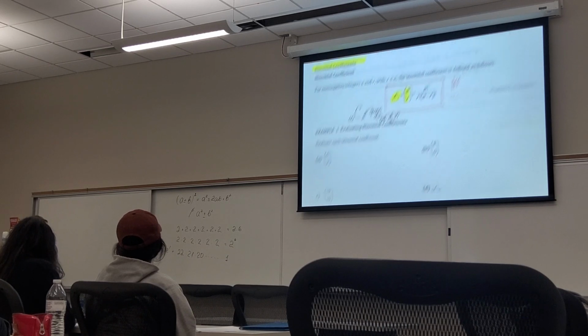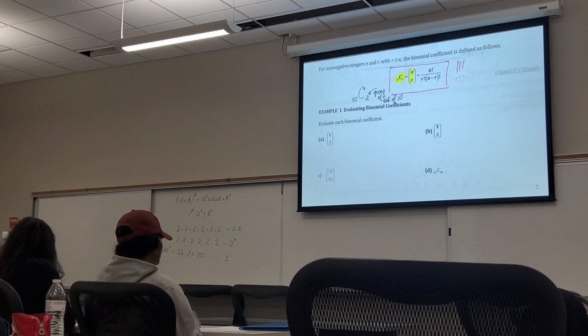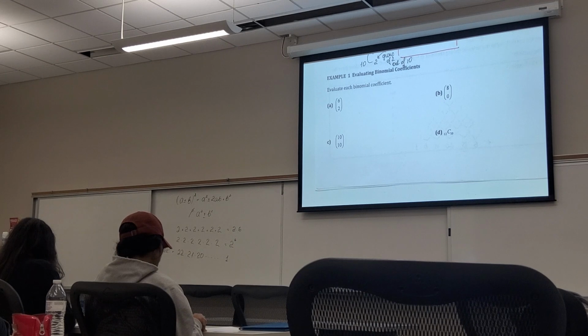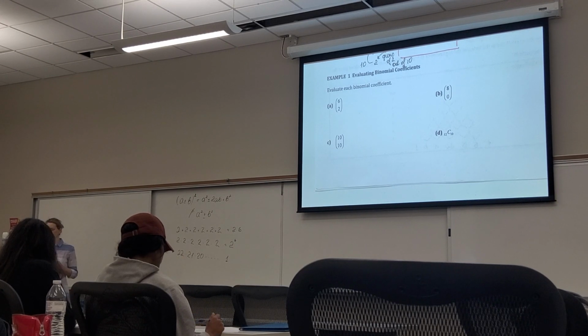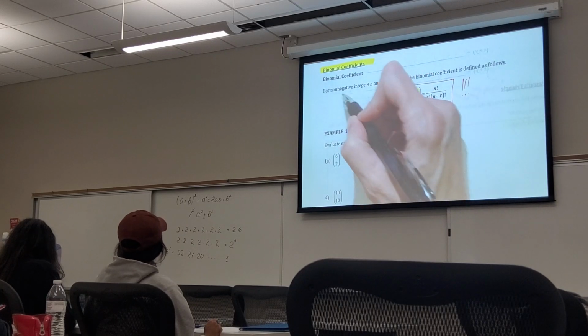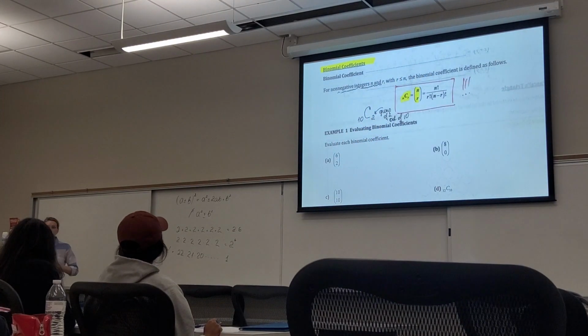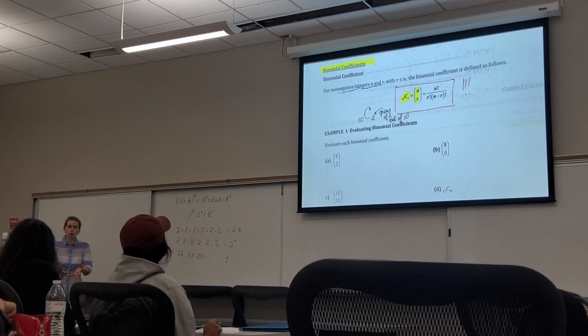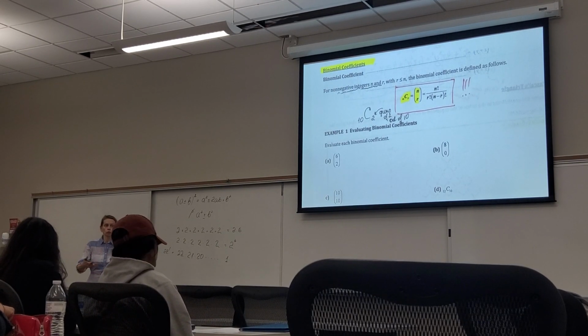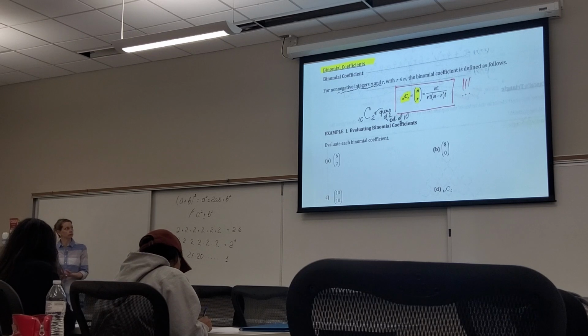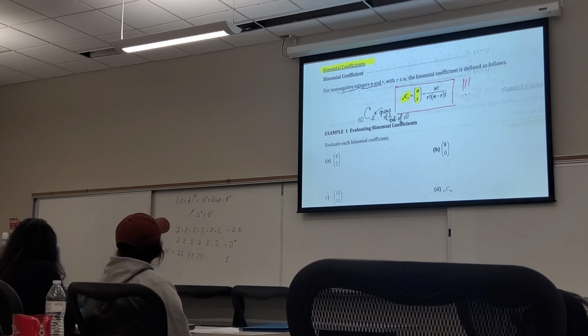Okay, let's try. Evaluate each binomial coefficient. Yes? So, also pay attention, according to the formula, that you have non-negative integers because you are choosing objects, a number of objects, correct? Within a group, and they cannot be negative. They cannot be negative.